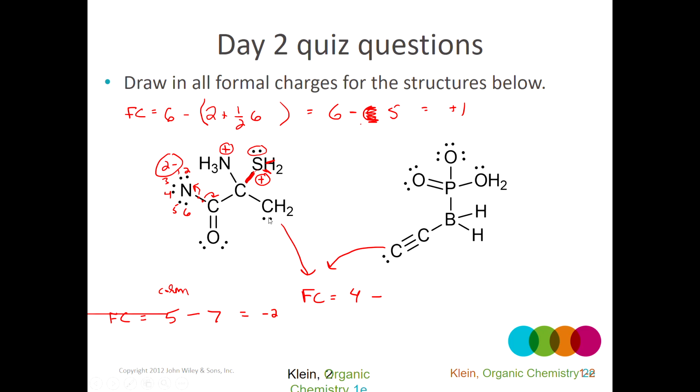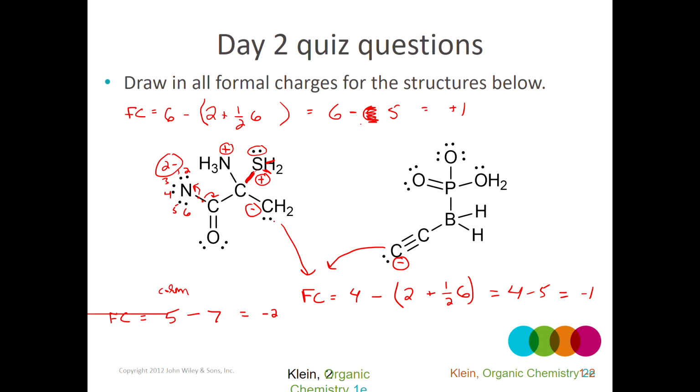So this carbon has 2 electrons it owns all to itself, and so does this one. And this carbon has 3 shared pairs, so that's 6 total that it's sharing, and so does this one. 3 shared pairs, 6 being shared. So half of those 6 being shared gives me a 4 minus 5, and so I can calculate that both of these carbons are pretty unstable because of the charge imbalance.